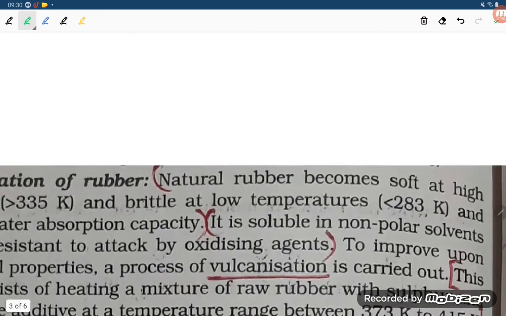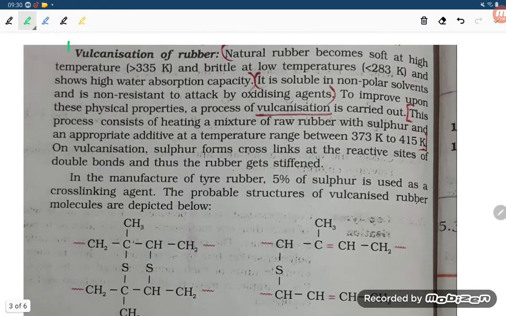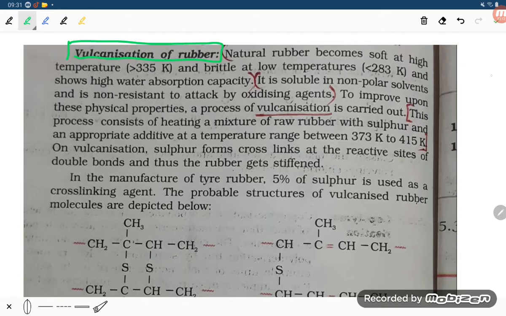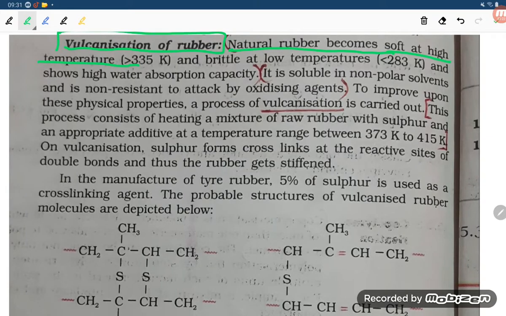Next, students, we have to understand the vulcanization of rubber. This is quite an important topic for the CBSE board exam. Natural rubber becomes soft at high temperature, like 335 Kelvin, and brittle at low temperature, below 283 Kelvin.